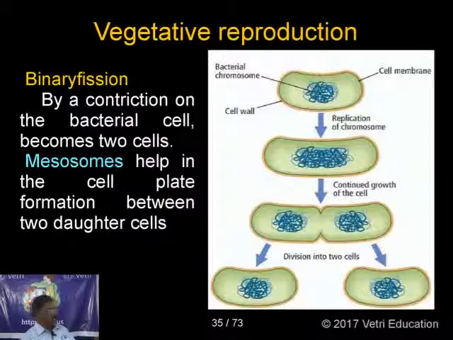This separation of the cells is called centripetal division, that is, from the periphery to the center, and later two daughter cells are formed. It is quite a common type of binary fission, and in total it takes 20 minutes. So within 20 minutes, one cell becomes two cells.